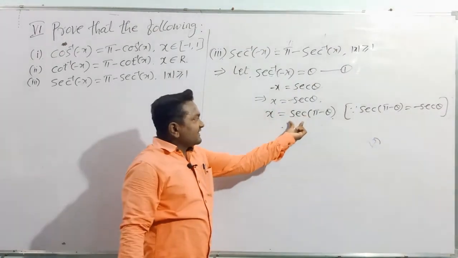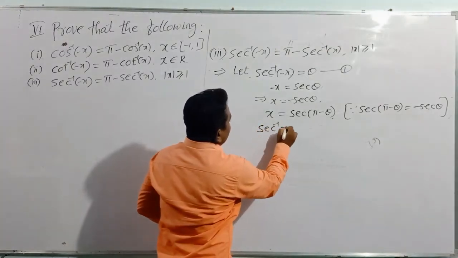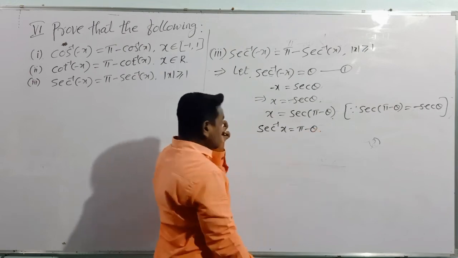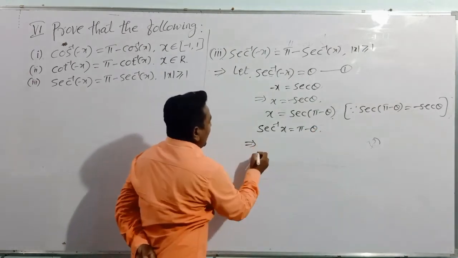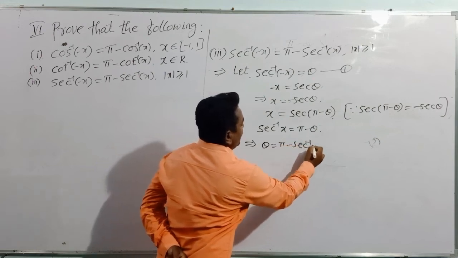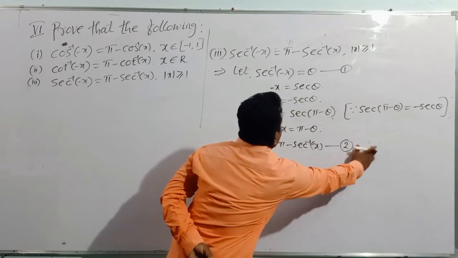Now again this sec function moves to the left-hand side and becomes inverse: sec inverse x equals pi minus theta. So finally theta equals pi minus sec inverse x. Take it as equation number 2.